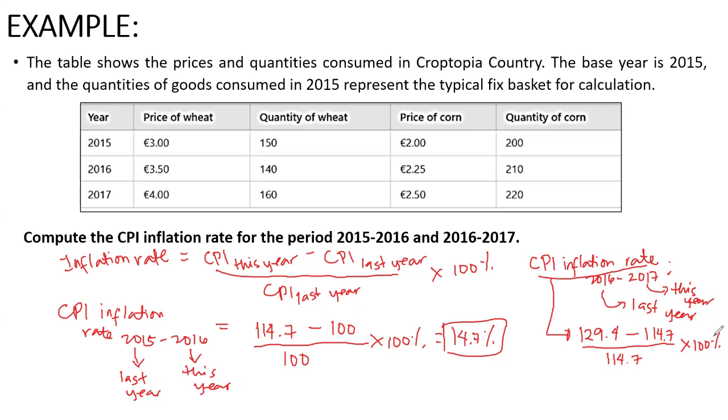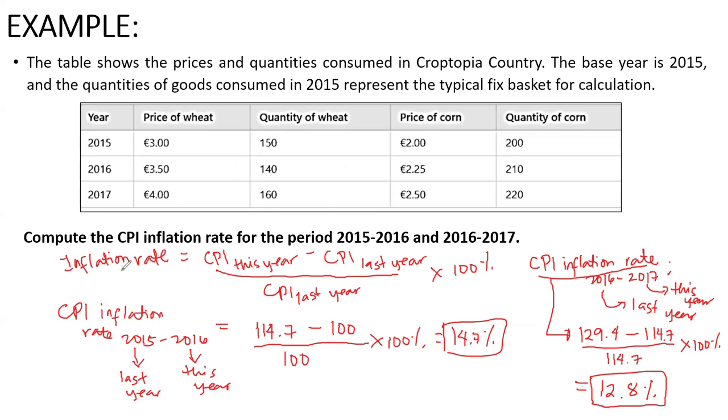So 129.4 minus 114.7 is 14.7, divided by 114.7, times 100. Our CPI inflation rate is 12.8%. I rounded it to one decimal point.